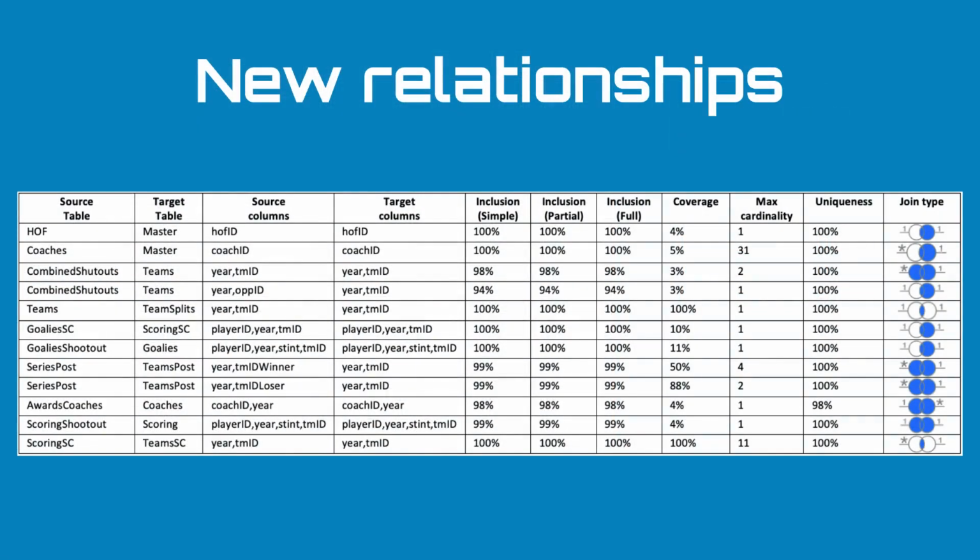This is also the case for the new relationships that we've listed in here. The example that we've seen during the demonstration is part of this, but there are several others listed as well. Again, these include also the best available join types for them based on the current data that we have.